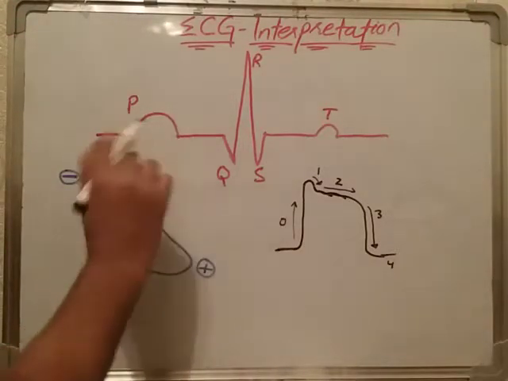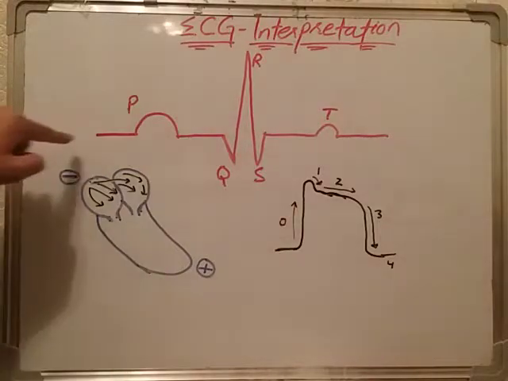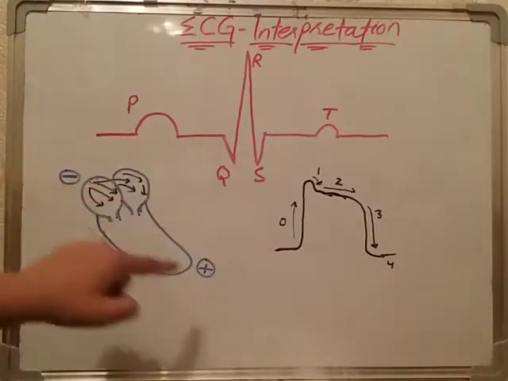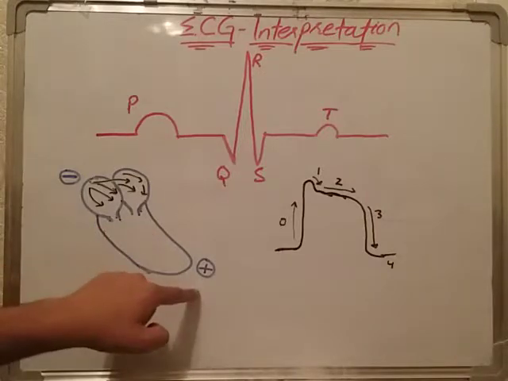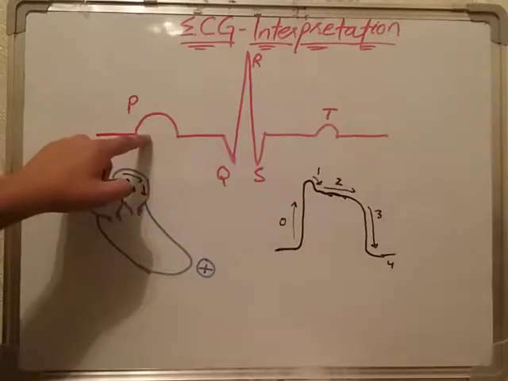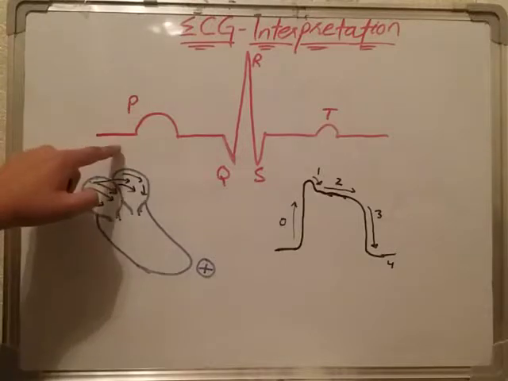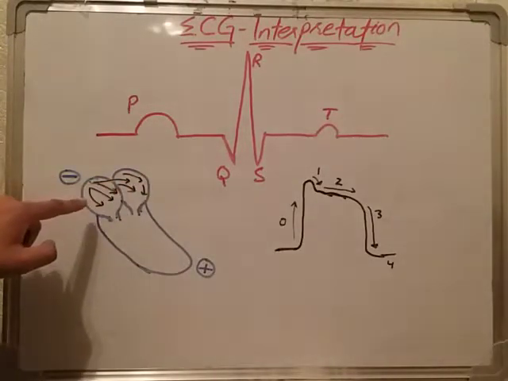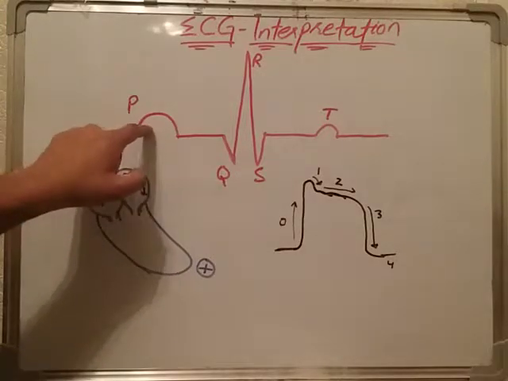It moves above the baseline. So we can say depolarization moving downward toward the positive electrode is presented in this direction. The depolarization of the atrium is slow and gradual.